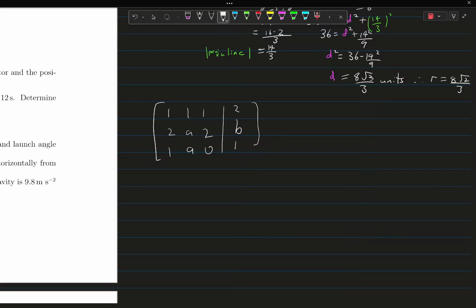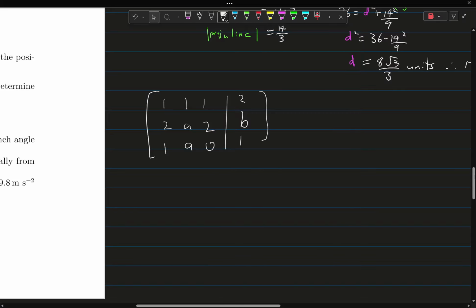We need to get these parts into zeros, which is easier said than done, but it seems like the question is designed for it, because if you notice, these are very similar.